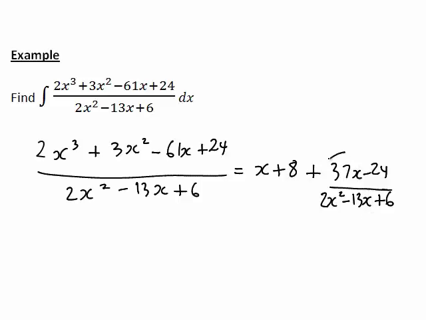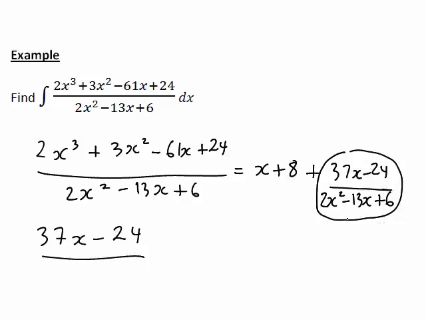So now we look at this part before doing any integration, and we factorise the denominator of that if possible. And this denominator will in fact factorise to become (2x minus 1) times (x minus 6), and therefore, because it is now a product of linear factors, we can rewrite this using partial fractions.